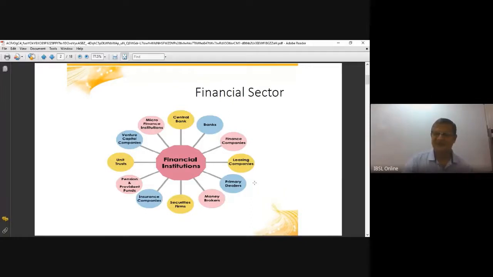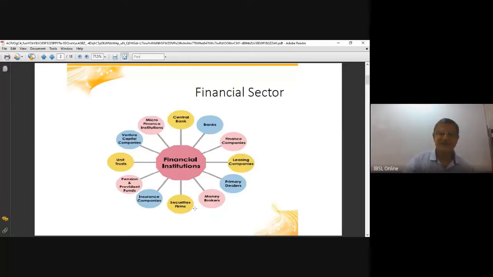Then you also get money brokers. Money brokers also play a great role. They arrange various types of debt instruments if you need finance, and through money brokers, primary dealers trade in bonds and various things.